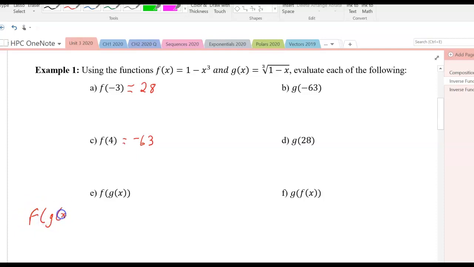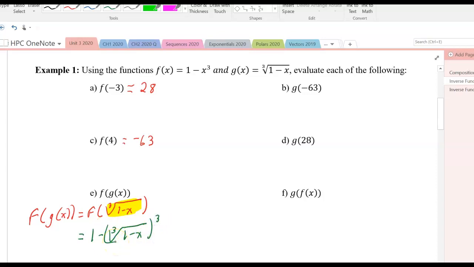So f of g of x, first I'm going to substitute in g. So cube root of 1 minus x. And then this number that I just highlighted in yellow gets substituted in for x in the function f. So 1 minus the cube root of 1 minus x, that quantity cubed.